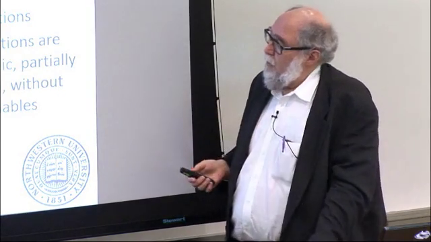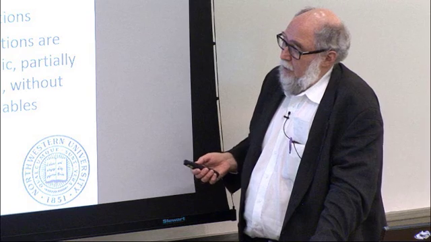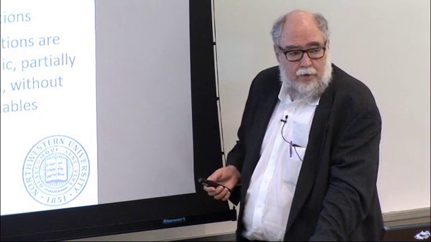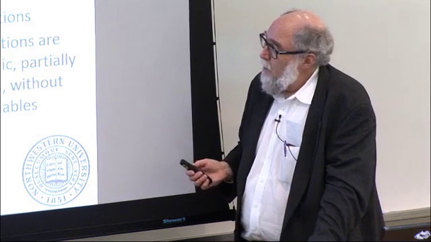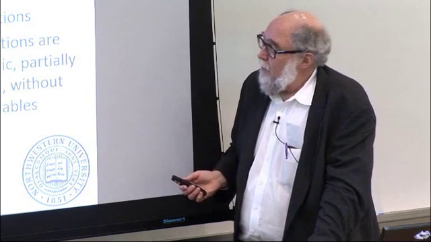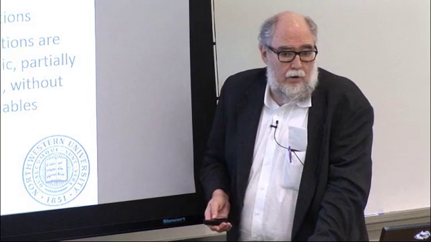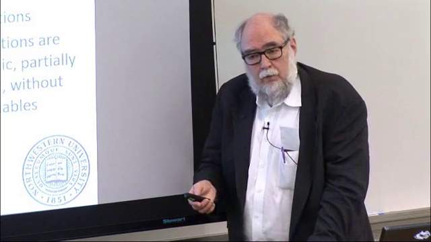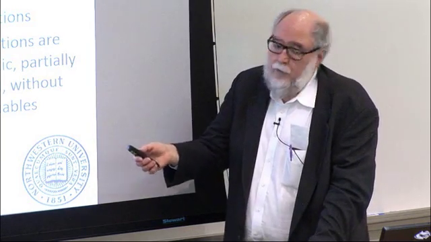So generalizations for us are probabilistic. We have frequency information about every statement in them. They're partially abstracted. There can be very concrete things in them still. And they don't have logical variables. We don't need to go to variables because we can just use structure mapping to do the matching.